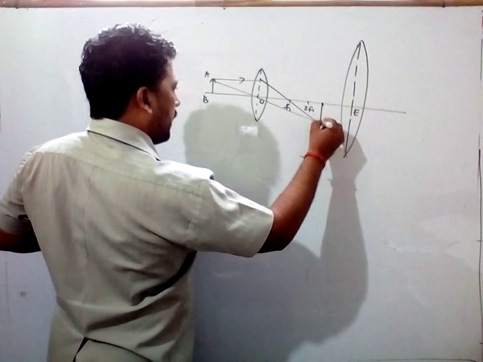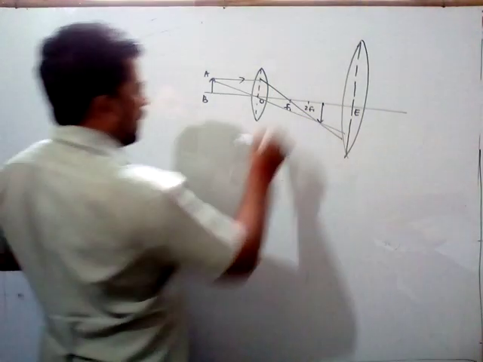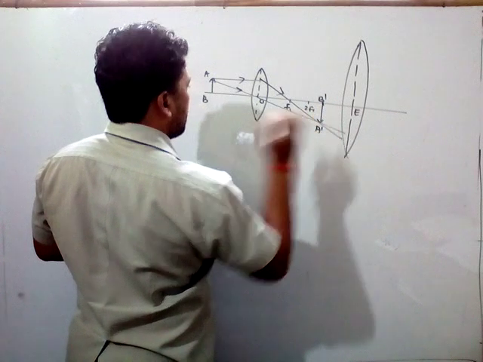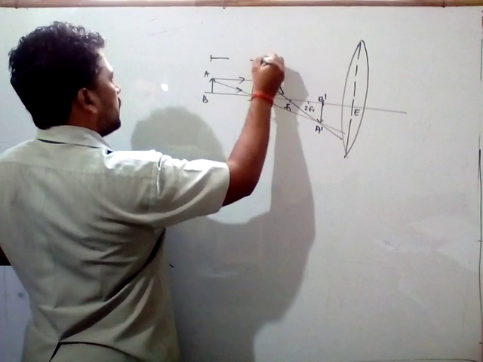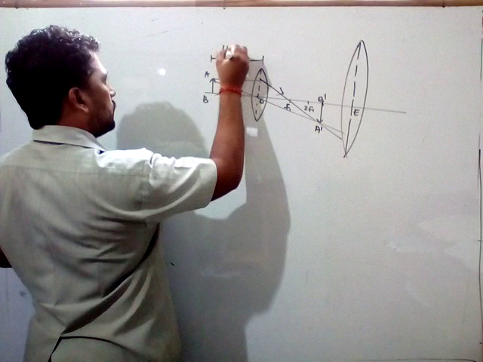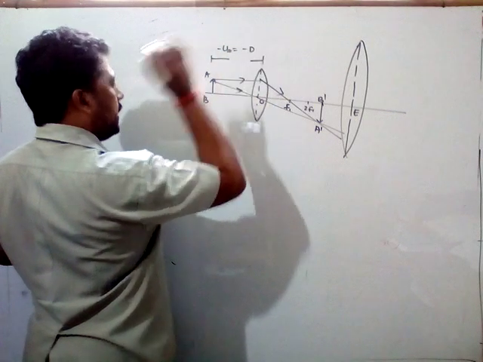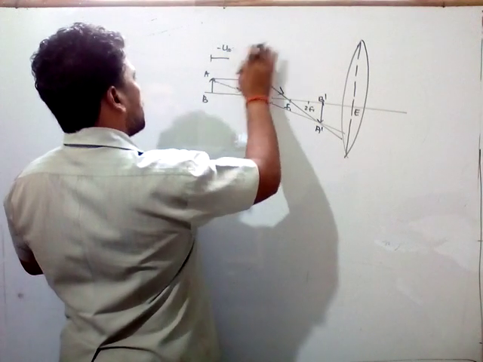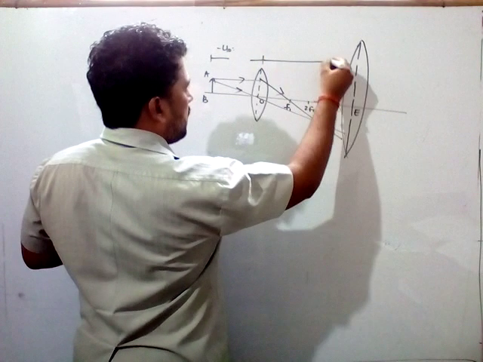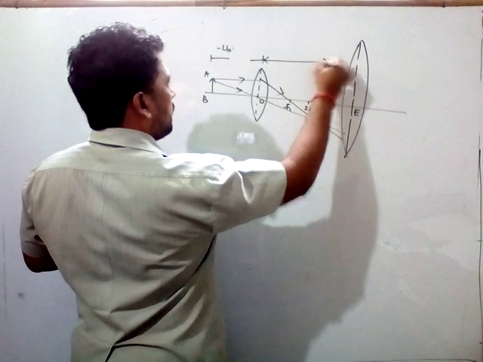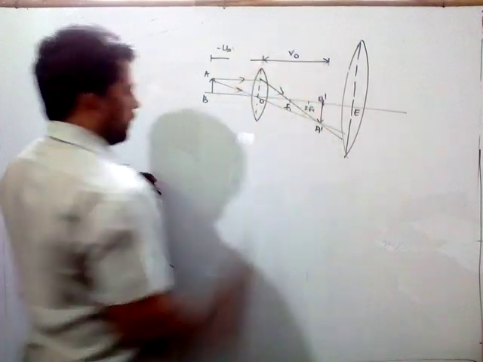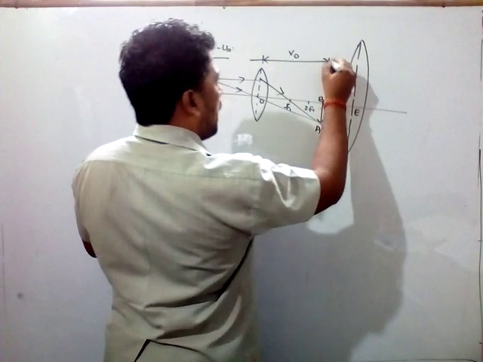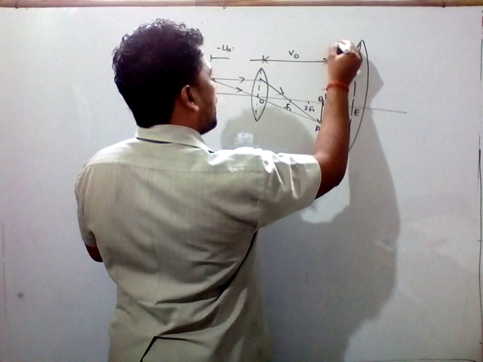Where the rays intersect each other, its image forms, B dash A dash. The object distance is u naught, equal to minus D, and its image is formed at the length v naught.